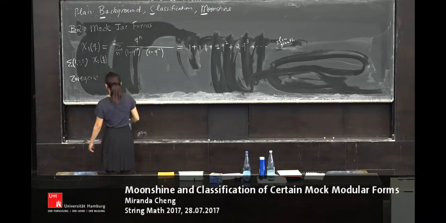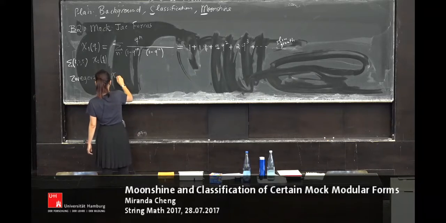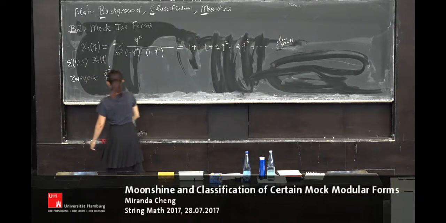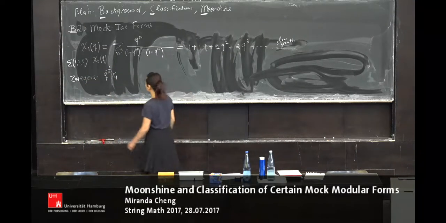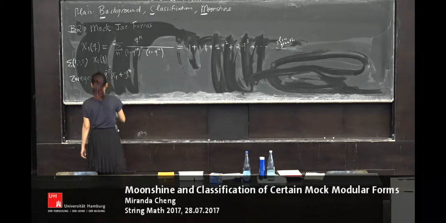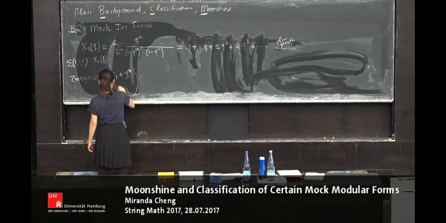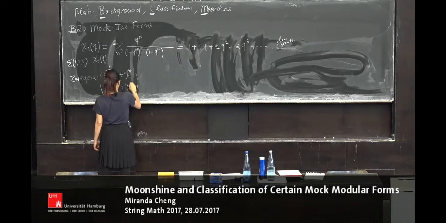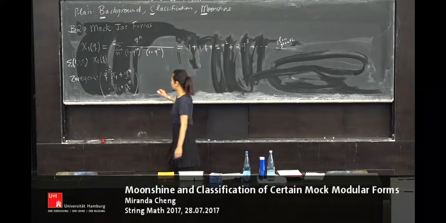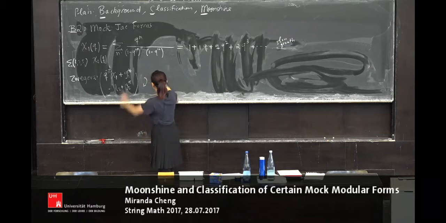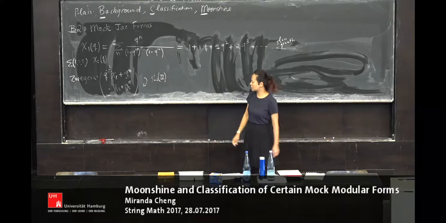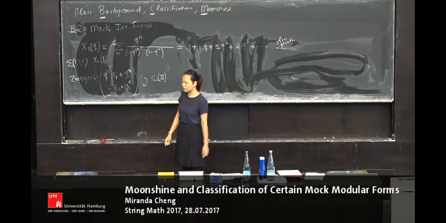They say, okay, if you add first a prefactor, we shift the powers of q a little bit, and we add some correction to it. And we do the similar thing for chi2. Then they actually transform under SL2Z, although the function itself has no nice property under SL2Z. So this property is called the mock modularity property.